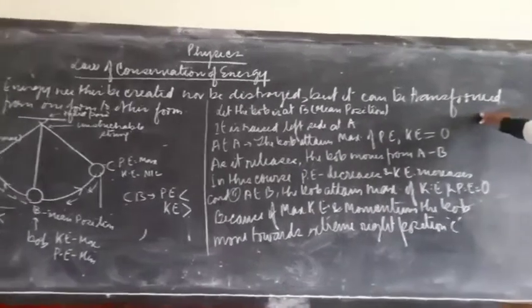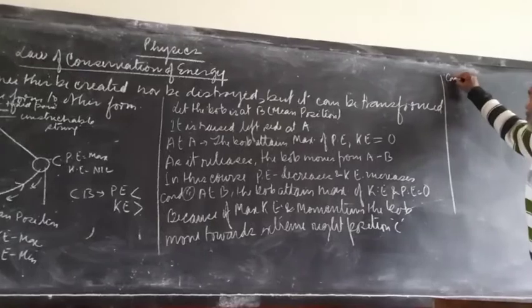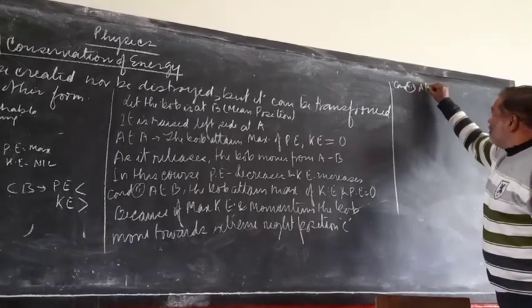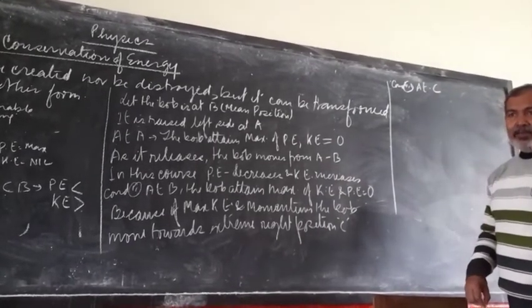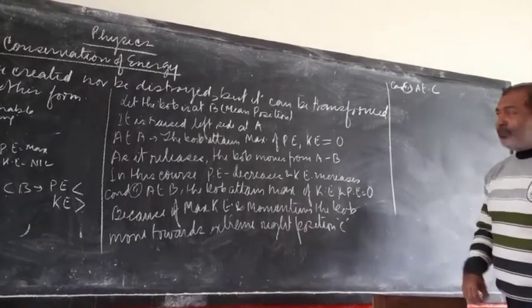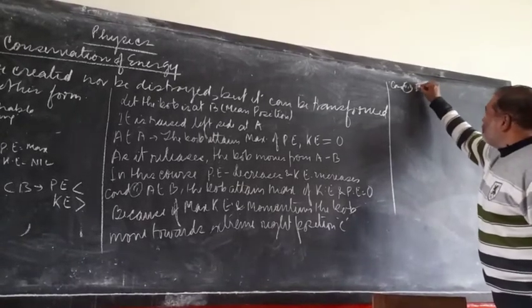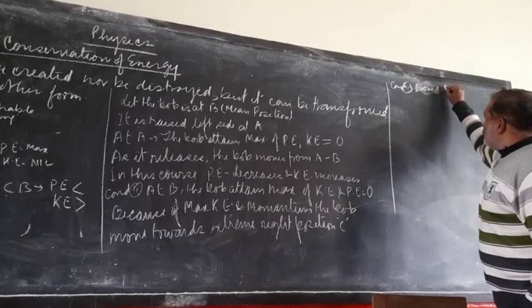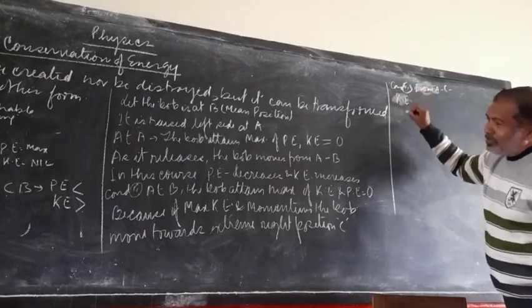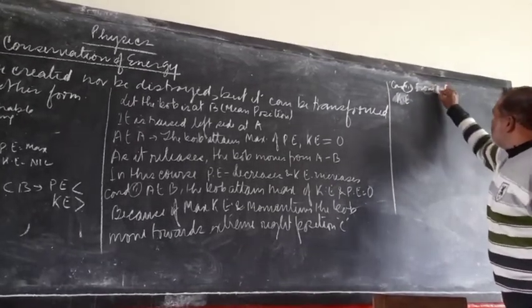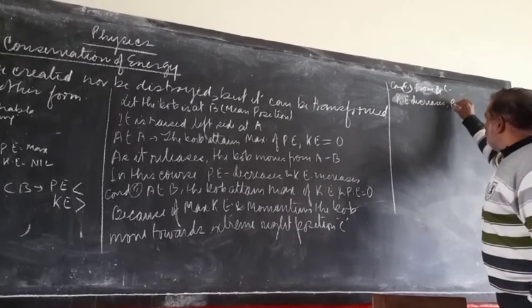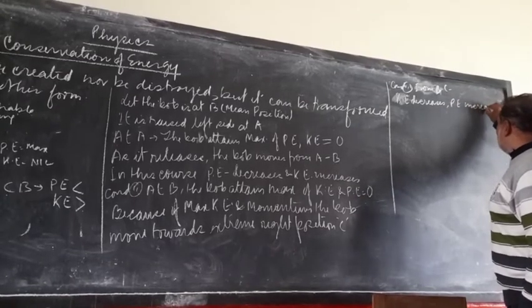Condition third. At C, what happened? The ball attains maximum, now here from B to C, kinetic energy decreases and potential energy increases.